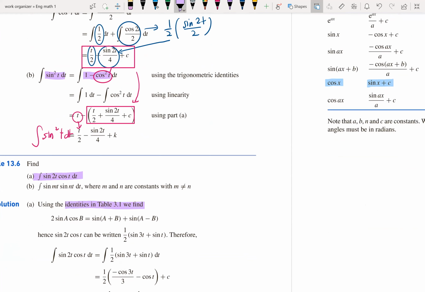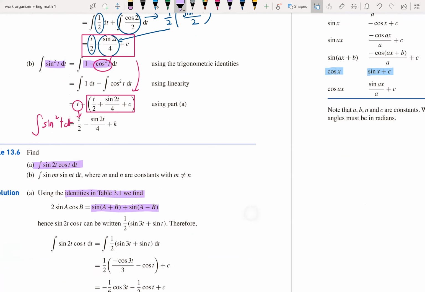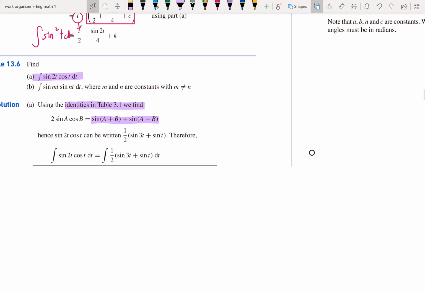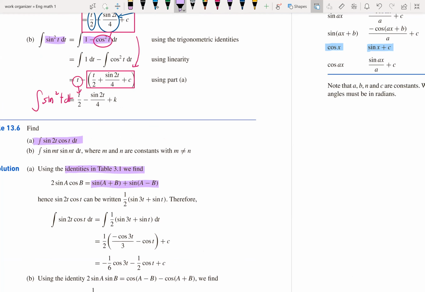So this will become sin(a+b). Then we just replace a and b: a is 2t and b is t. So 2 plus 1 will be 3, so we get 3t, and 2 minus 1 will be 1t.